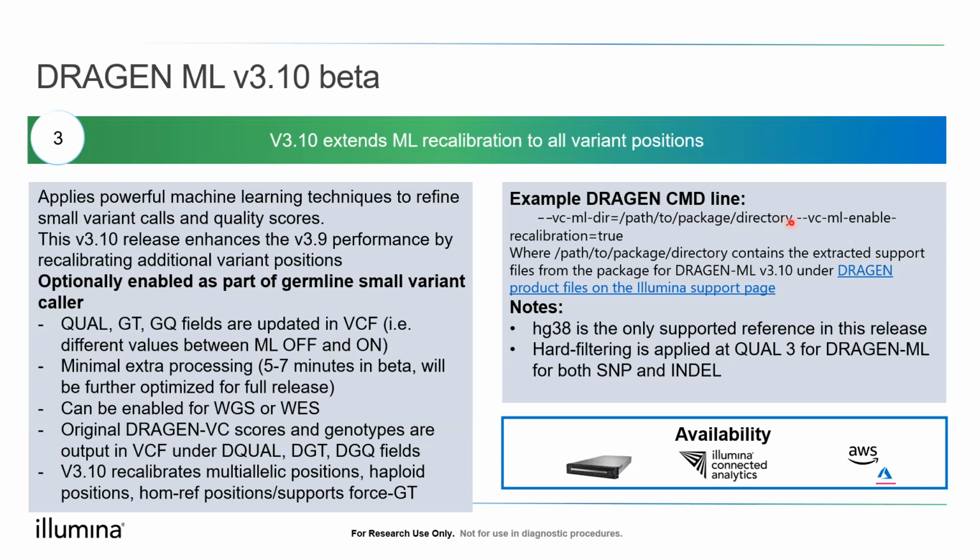Then on the DRAGEN command line, you point to the directory where the machine learning model is, and then you simply turn on the machine learning module. Another reason to keep this feature in beta is that we are only supporting HG38 today. We're not supporting GRCh37 and HG19. That's something we are looking at to see if we can build support for those references.